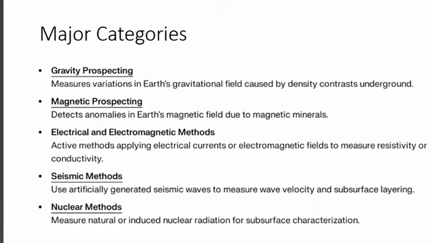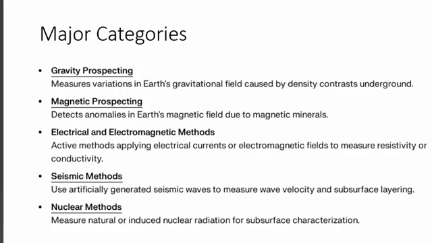We have magnetic prospecting. This measures the Earth's magnetic field due to magnetic minerals present in the Earth's subsurface. Then we have electrical and electromagnetic methods. These are active methods, and they apply electrical currents and electromagnetic fields to measure resistivity or conductivity.